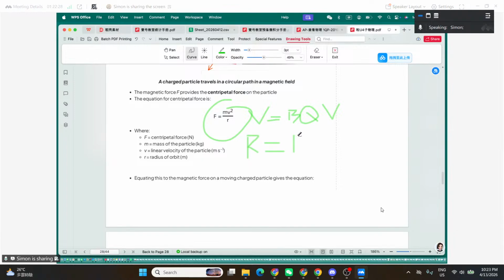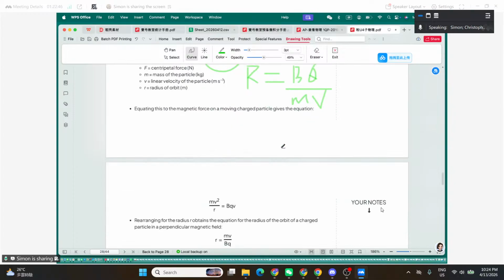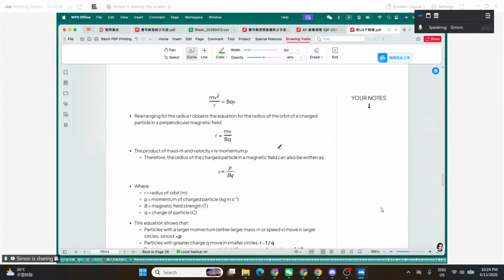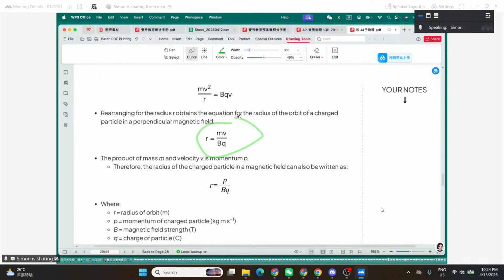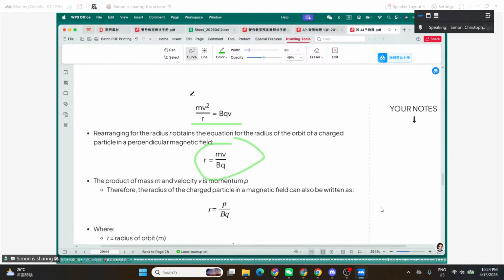First, because they are doing circular motion, the magnetic force provides the centripetal force.